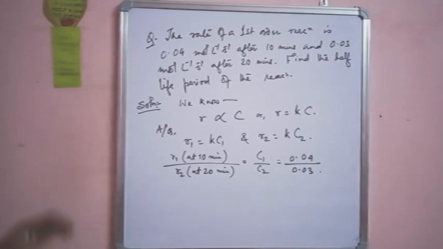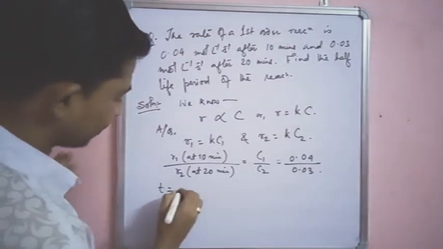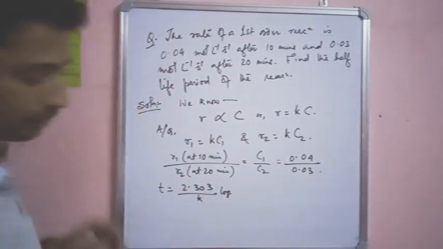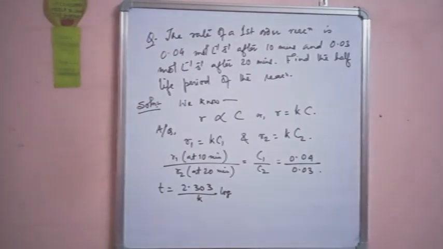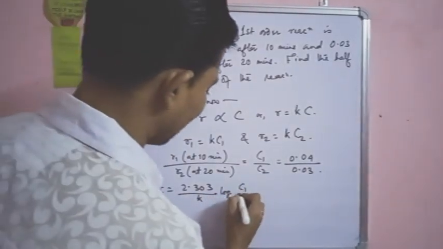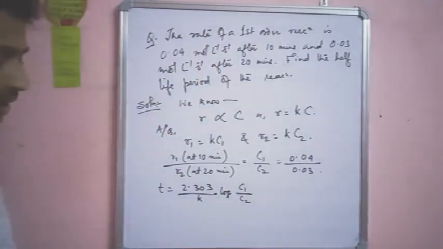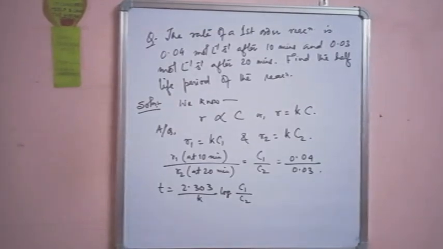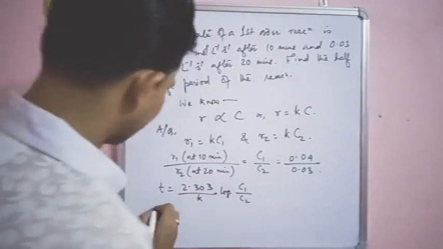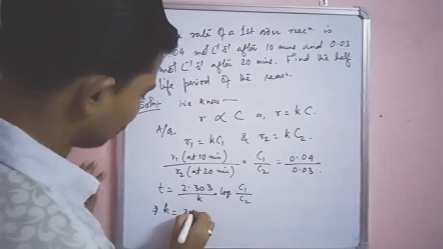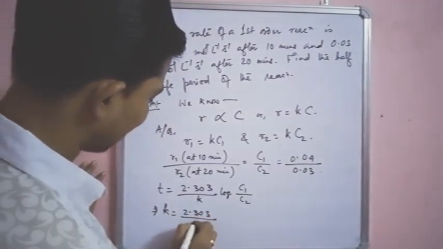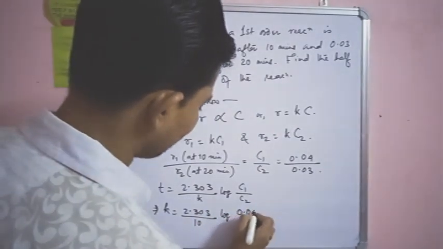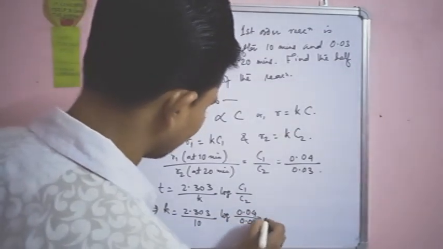Now we can write, so for first order reaction t is equal to 2.303 by K log of C1 by C2. So which implies we can write K is equal to 2.303 by 10 log of C1 by C2, that is 0.04 divided by 0.03.